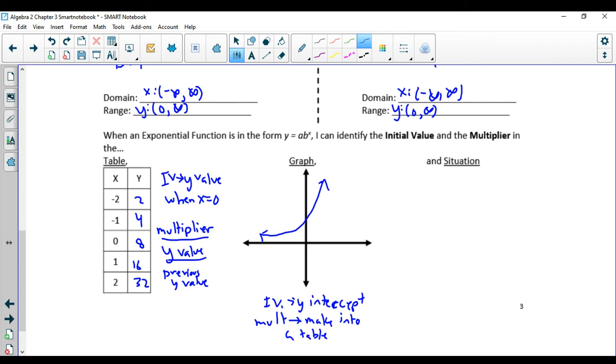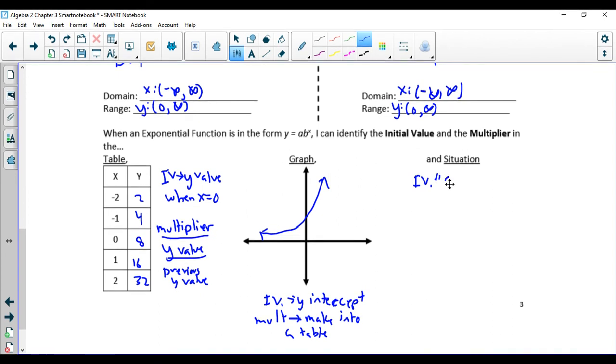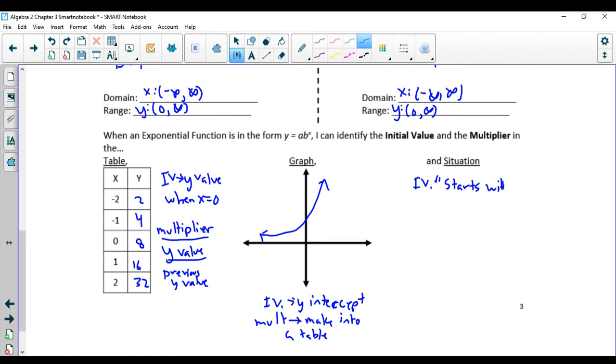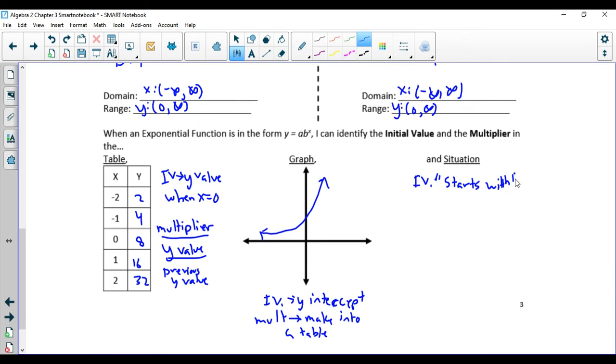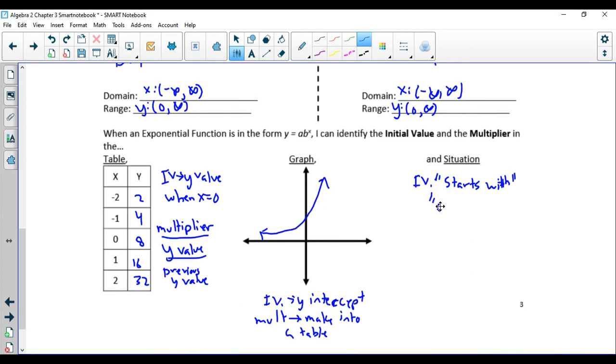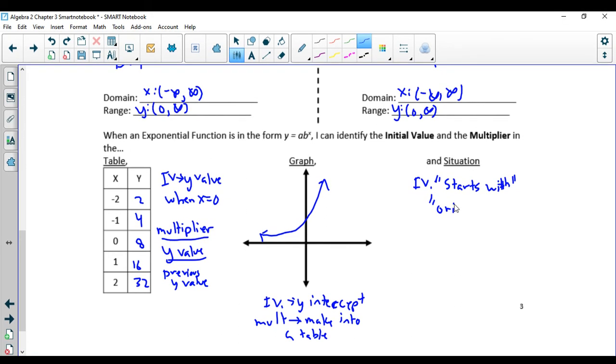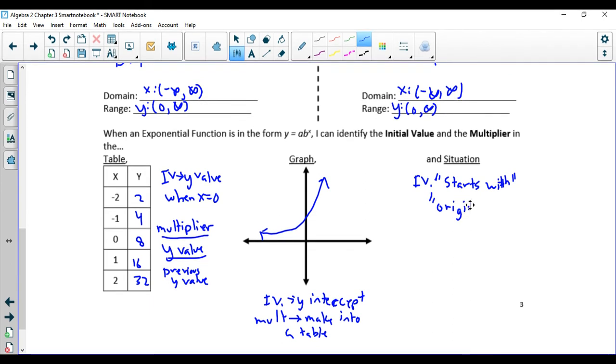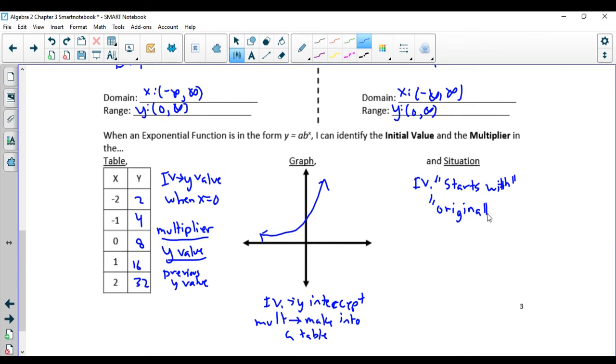And then for a situation, initial value, words like starts with, originally, all of those synonyms mean kind of the initial value.